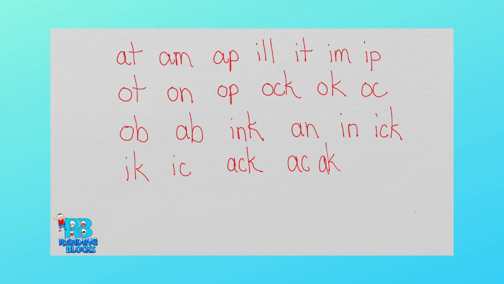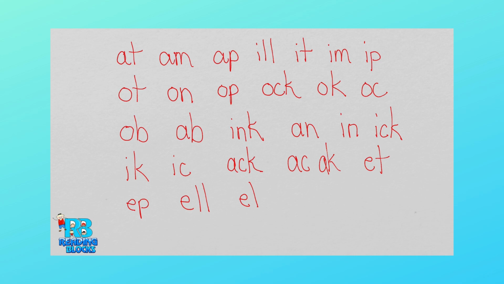Okay, let's try at. App. L. Remember the fizzle rule for this one. Now, if you wrote L, that's okay too. But when we think about the fizzle rule, we want to double those L's after a short vowel.